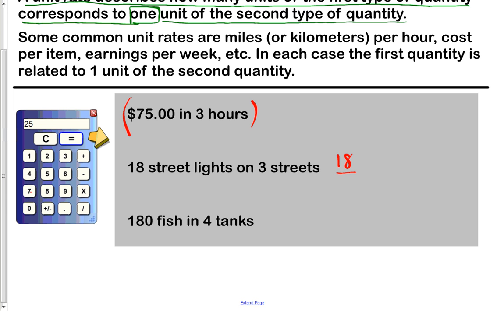We'd go 18 over 3, divide that second term by 3 to get it to be a 1, divide that top one by the same. 18 divided by 3 is 6. 3 divided by 3 is 1. So that would be 6 lights, however we would put that, lights per 1 street. Okay, pretty straightforward, pretty simple.